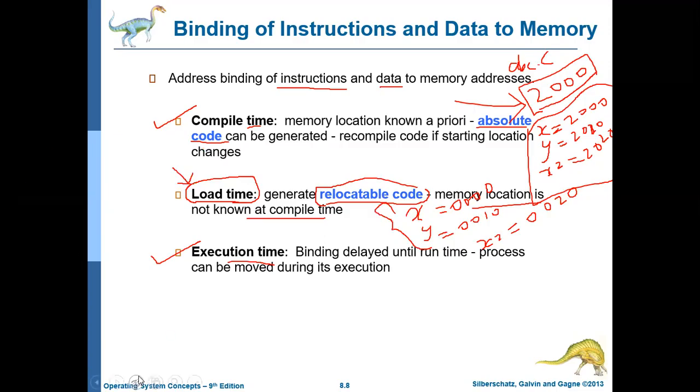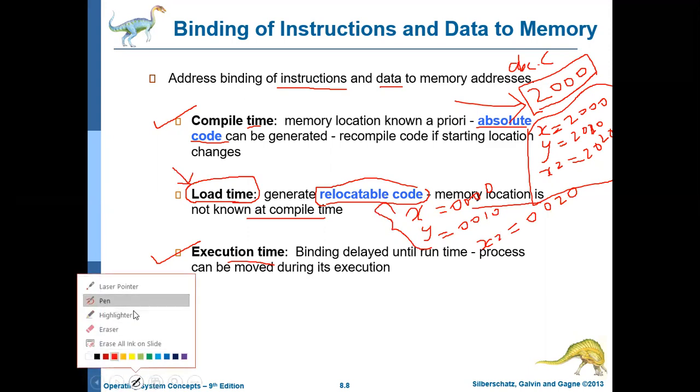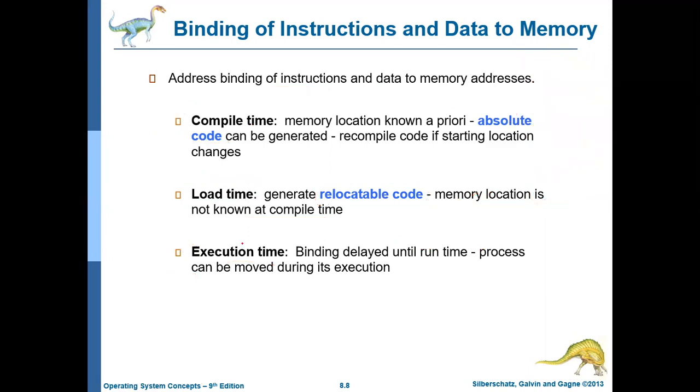And then the third thing is binding at execution time. So what is binding at execution time? Sometimes binding will be delayed until execution time or runtime if the process can be moved during its execution from one memory location to another memory location.